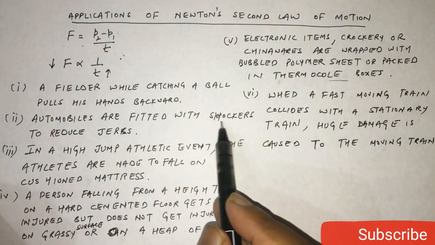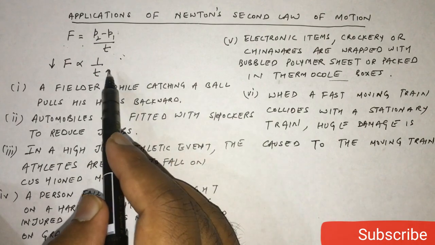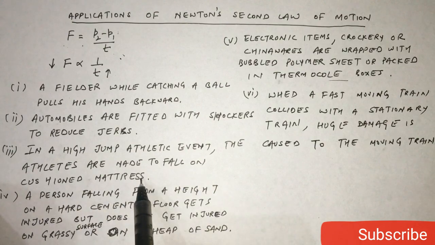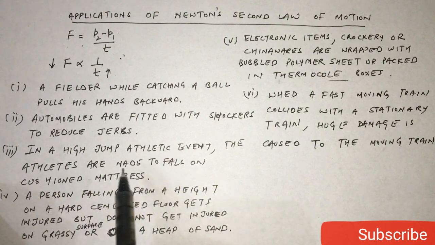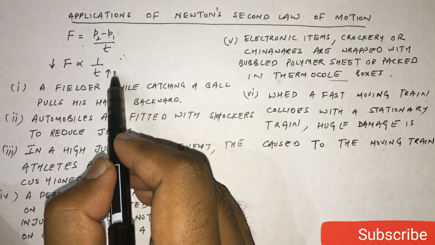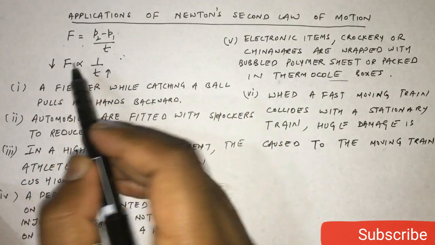Second, shockers are provided in vehicles to increase the time of impact. In a high jump athletic event, athletes are made to fall on cushioned mattresses, the purpose of which is to increase the time of impact and to decrease the force.